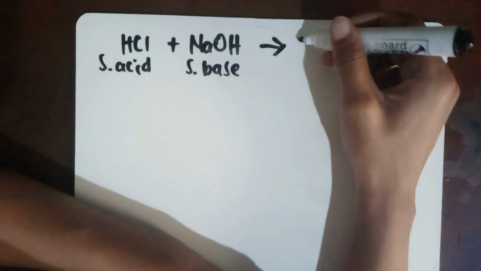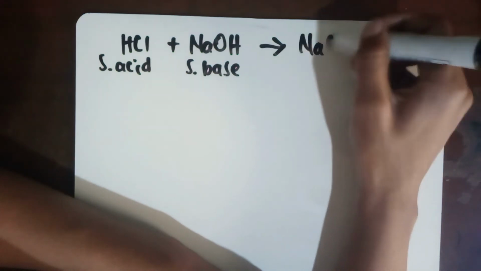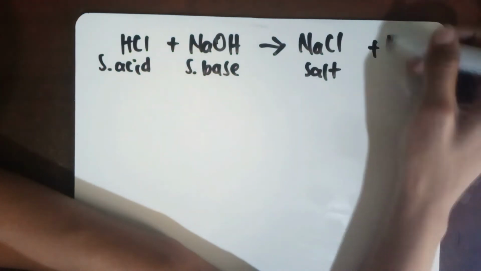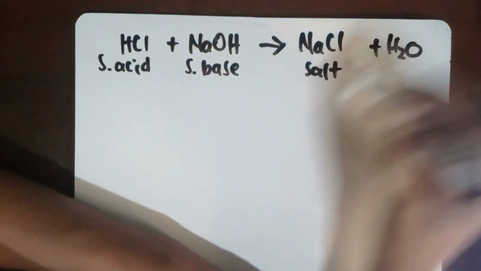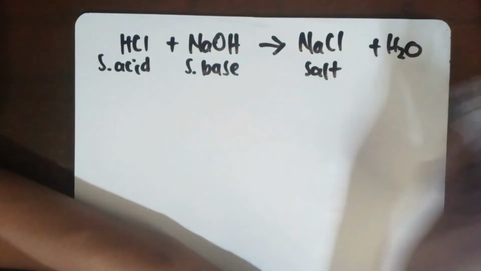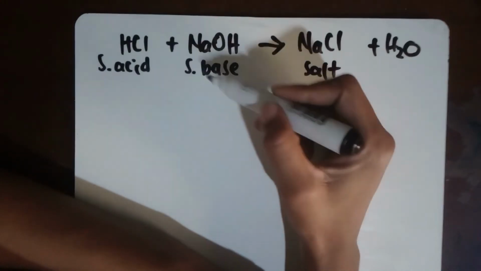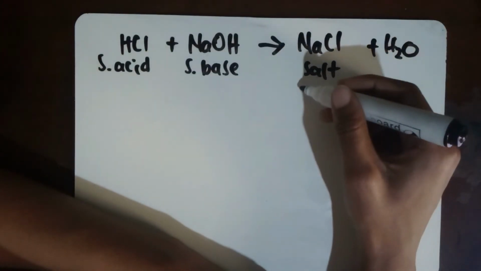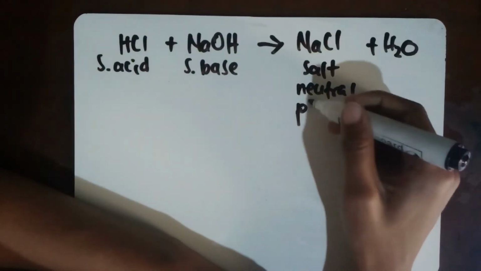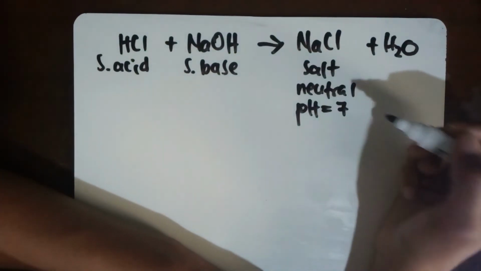So this will actually form a salt, sodium chloride, plus a little bit of water. So we're trying to determine, will our salt be basic, acidic, or neutral, right? Because we have a strong acid and a strong base, it means our salt will actually be neutral. This means that it will have a pH of about 7, right?